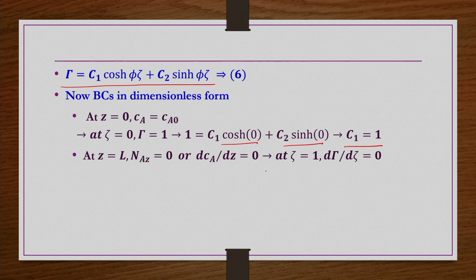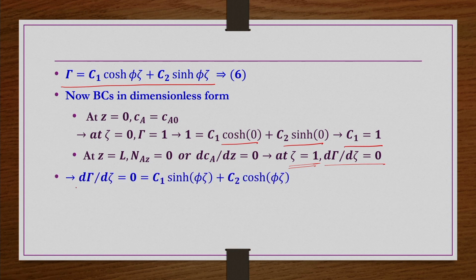And then at z is equal to L, NAz is equal to 0 or dCa by dz is equal to 0. If z is equal to L, that means zeta is equal to 1, and then if dCa by dz is equal to 0, that means d gamma by d zeta is equal to 0 in dimensionless form. That means you have to get what is this d gamma by d zeta. So, d by dx of cos hyperbolic x is sin hyperbolic x. Similarly, d by dx of sin hyperbolic x is cos hyperbolic x.